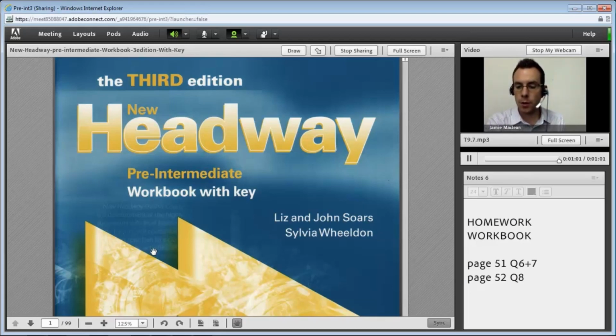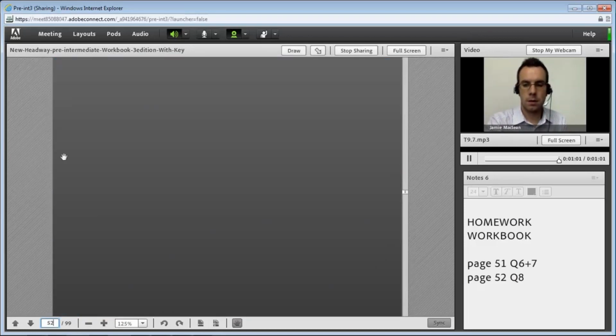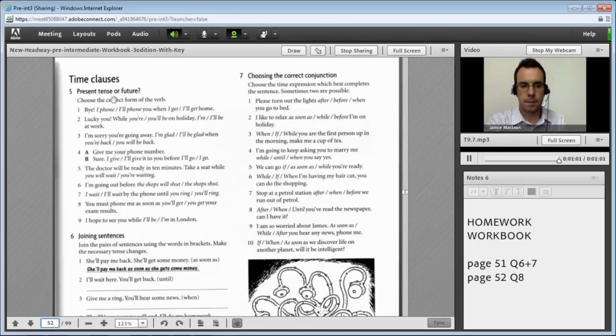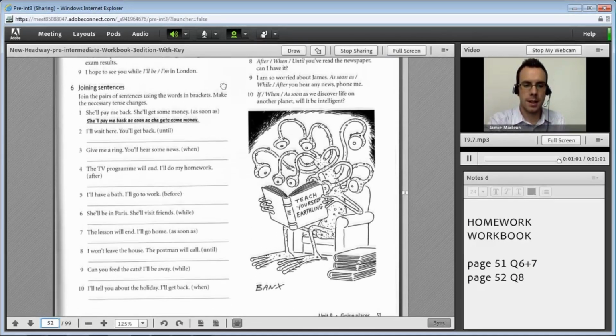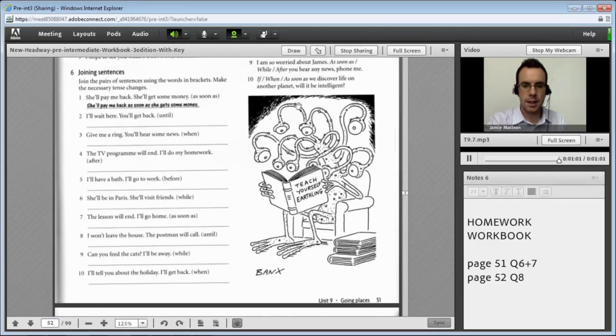So, if you open your books to page 51, please. Okay, so we're going to look at number 6. Exercise 6, I want you to join the pairs of sentences using the time conjunctions in the boxes.